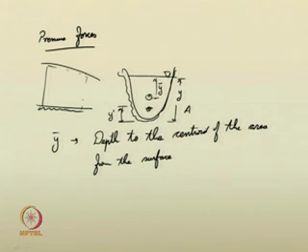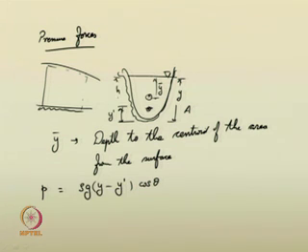Then the pressure at this point P is nothing but, as we suggested the hydrostatic condition, rho g (y minus y dash) cos theta. If you want to give this height y minus y dash as h, you are most welcome. You can then just give this as rho g h cos theta.